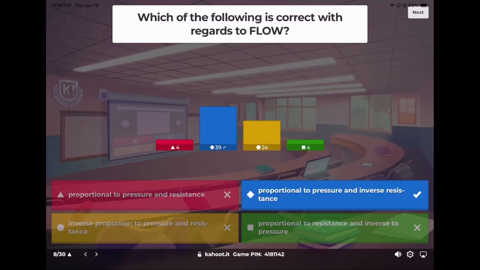The pressure gradient in the systemic circulation is the difference between what 2 points? Left ventricle going all the way back to the right atrium. Pulmonary is the opposite: right ventricle to left atrium. That tells you your pulmonary flow.